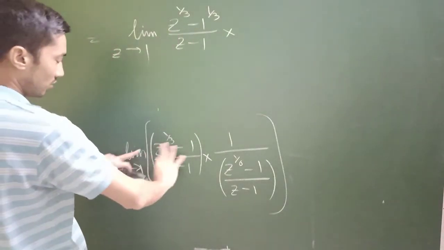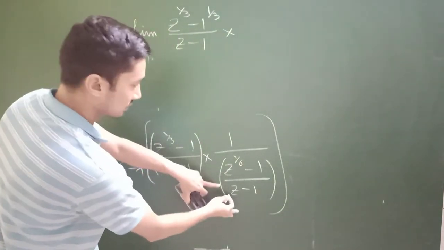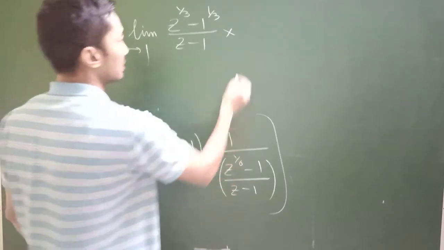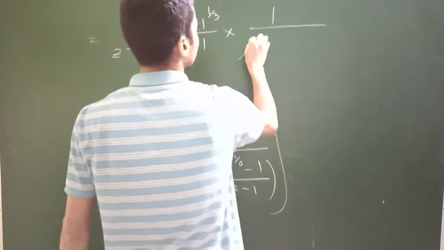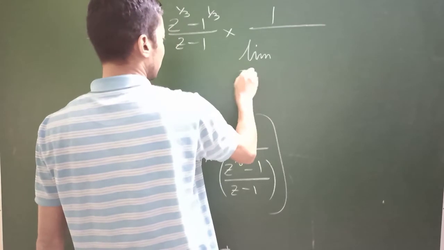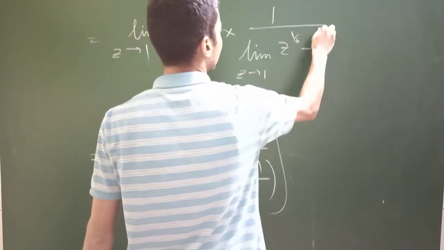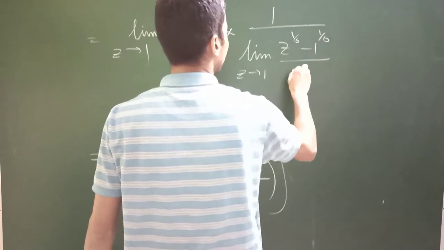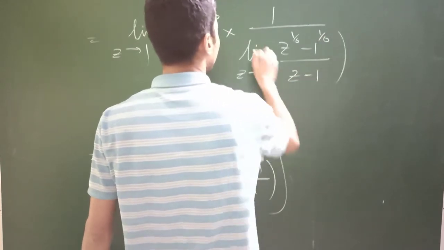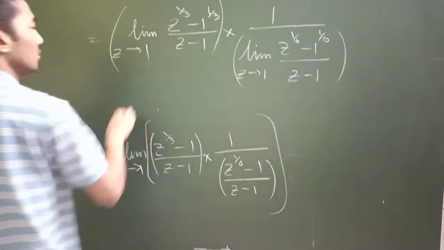This limit I can apply for quotients also. So 1 by 3 into the limit as z tends to 1 of z power 1 by 6 minus 1 power 1 by 6 by z minus 1. I hope that's clear.